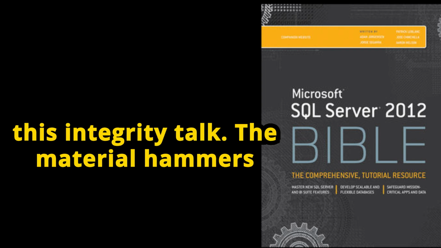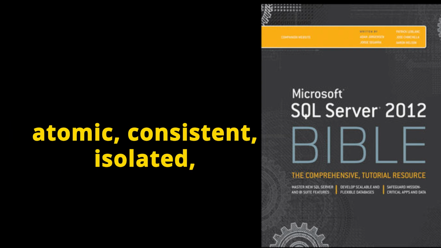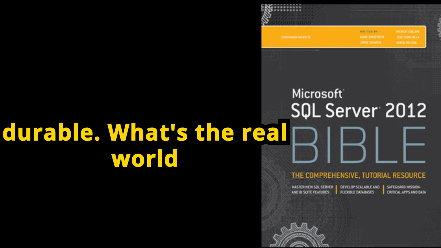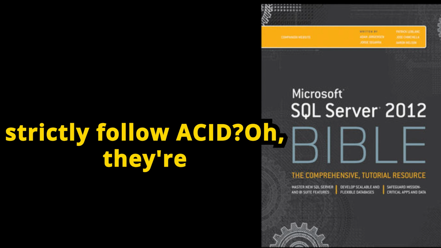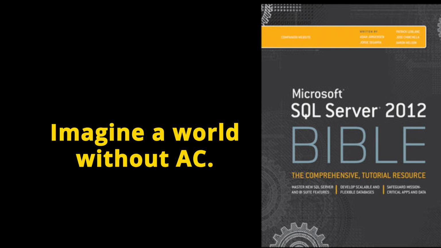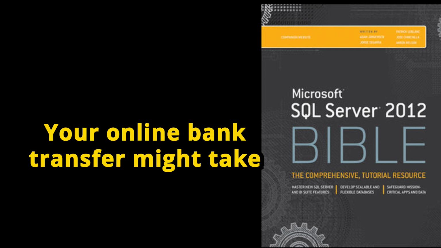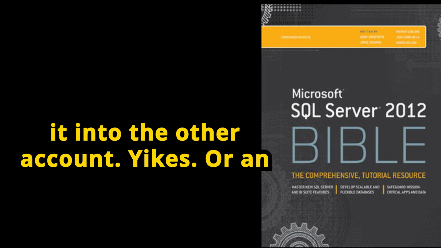And underpinning all this integrity talk, the material hammers home the ACID properties of transactions: atomic, consistent, isolated, durable. What's the real-world consequence if a database doesn't strictly follow ACID? Oh, they're absolutely fundamental. The bedrock. Imagine a world without ACID. Your online bank transfer might take money out of your account, but never put it into the other account.